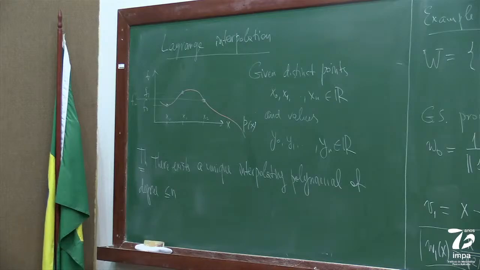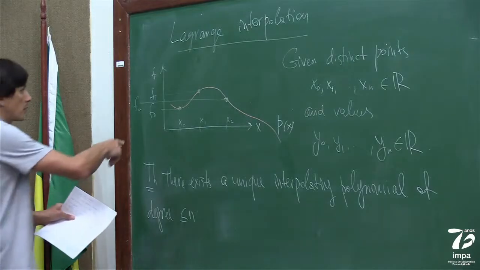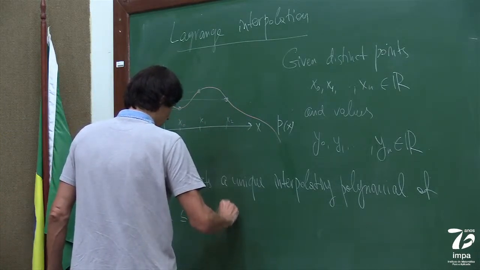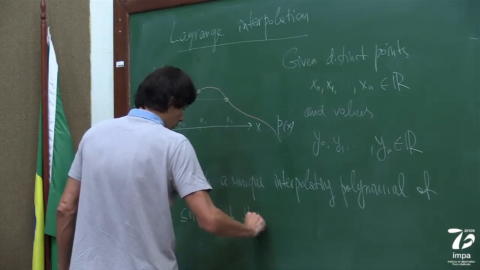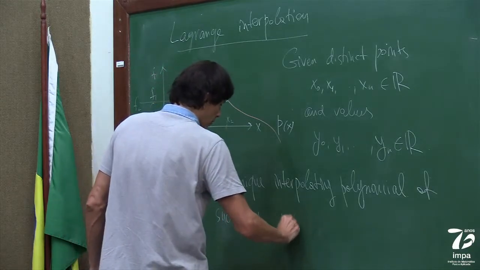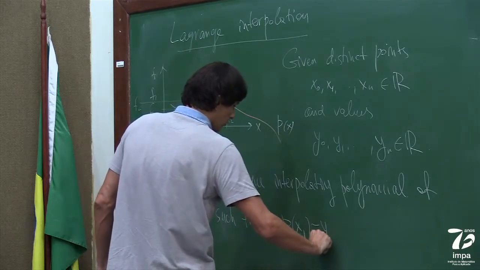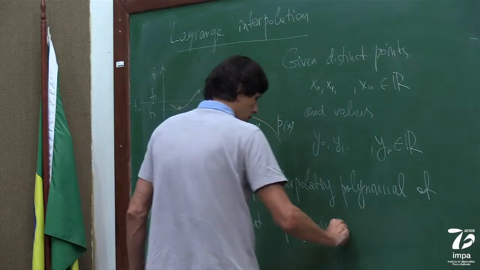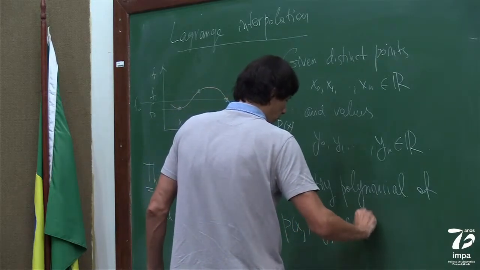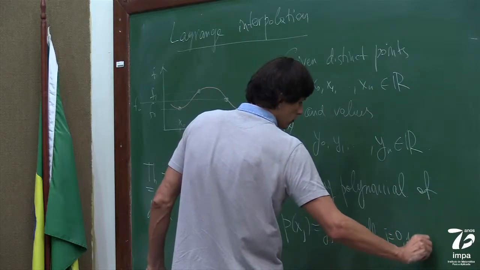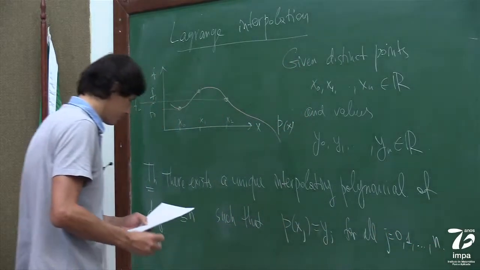So n plus 1 points are given, which means the degree is at most n, and the polynomial passes through all these points exactly, such that p of xj equals yj at all points.